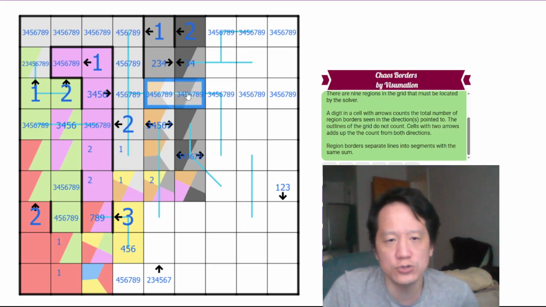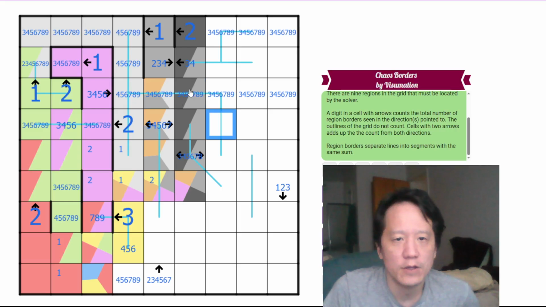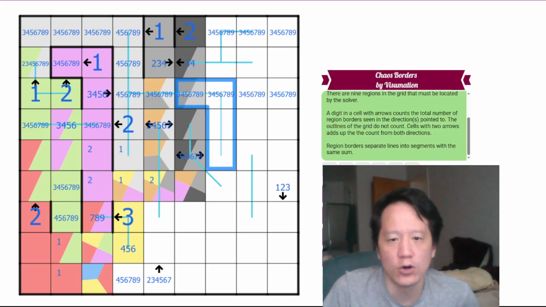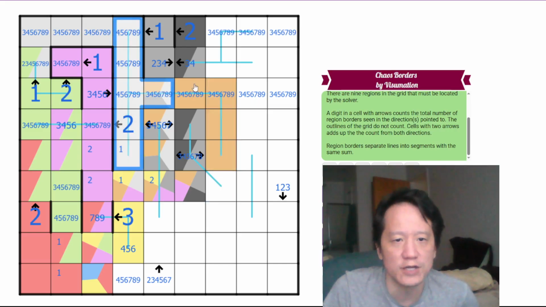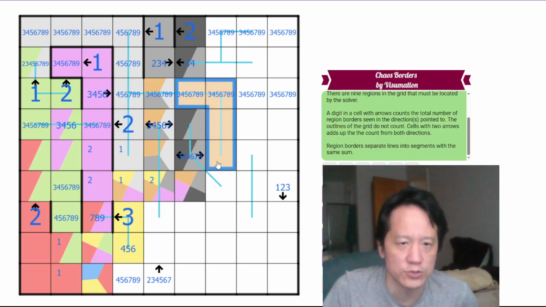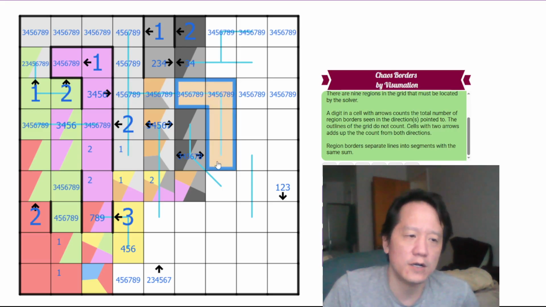Or this is a two-cell region, which again, you cannot add up to 18, which is the minimum for this five-cell region here. Therefore, these four are the same region, period. No matter what it is. It could be 6 here and then 4 digits here adding up to the same.